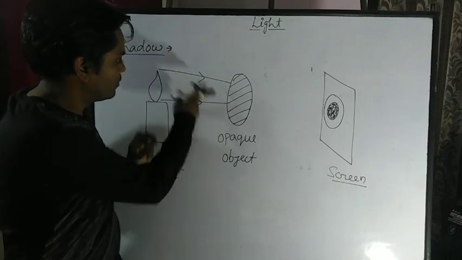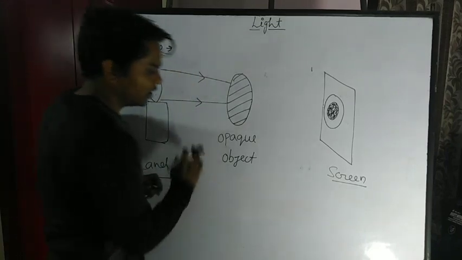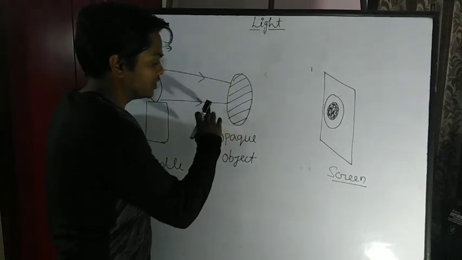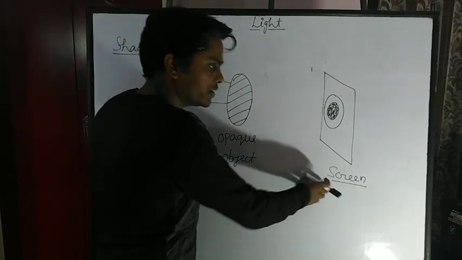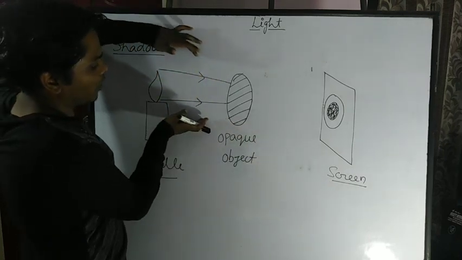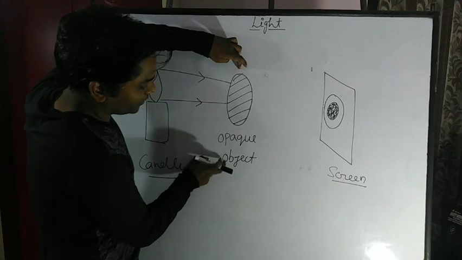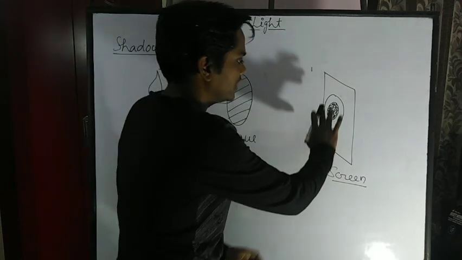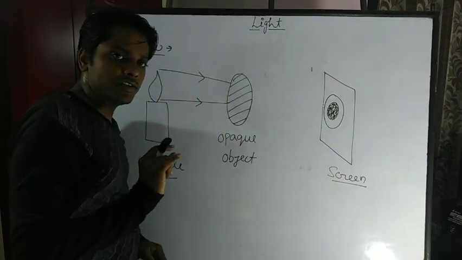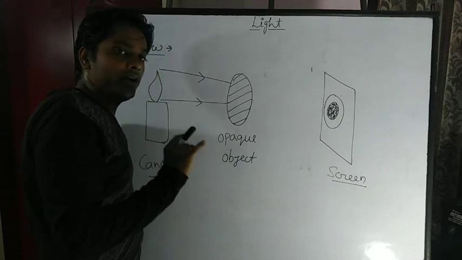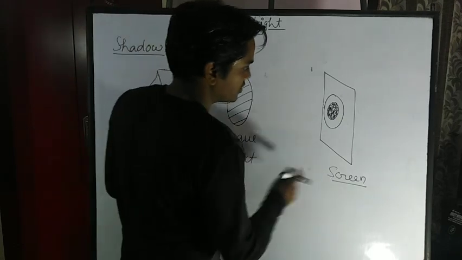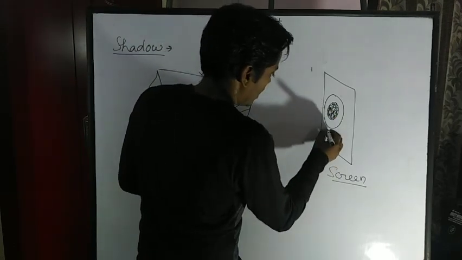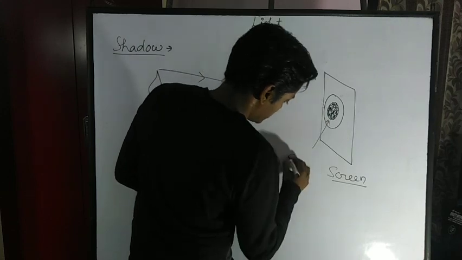This opaque object blocks the ray of light which was going to the screen. So we will get a dark region. We will find darkness on this screen. That darkness is known as shadow.